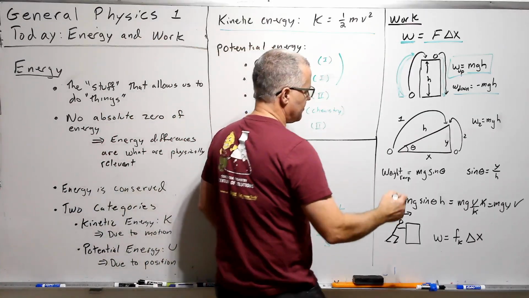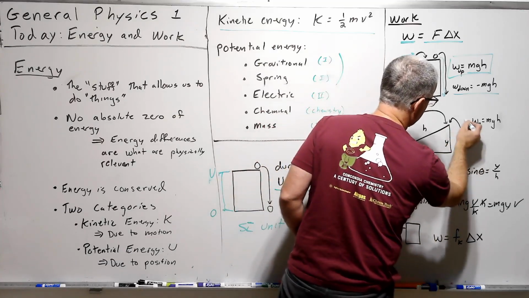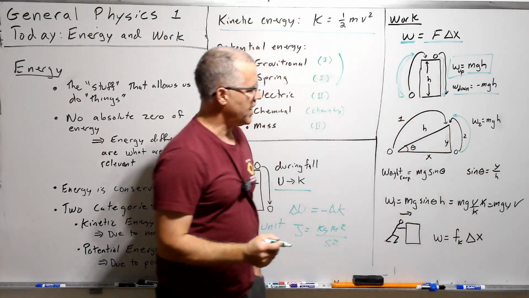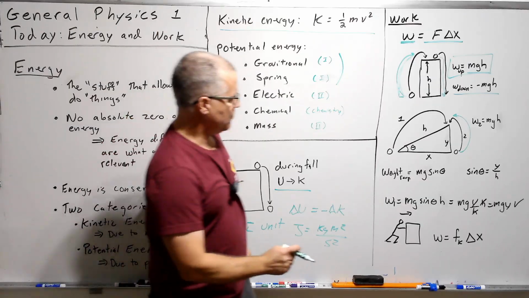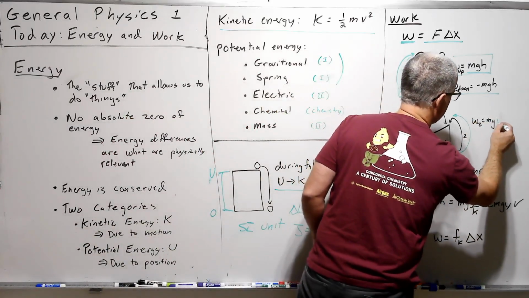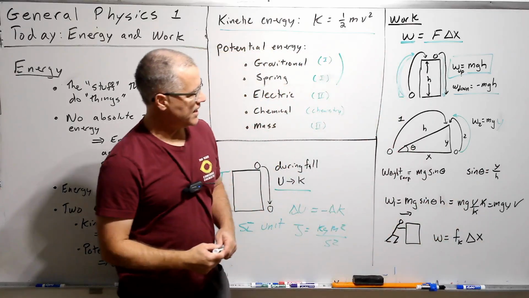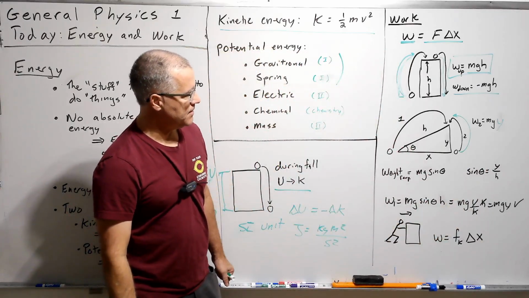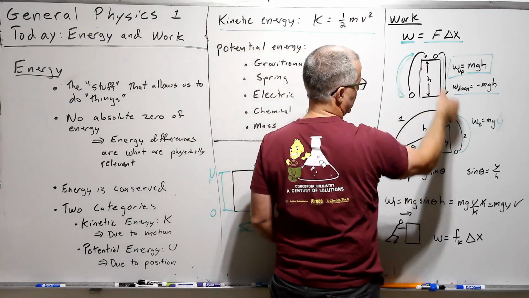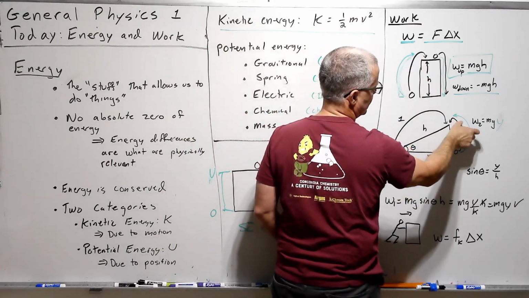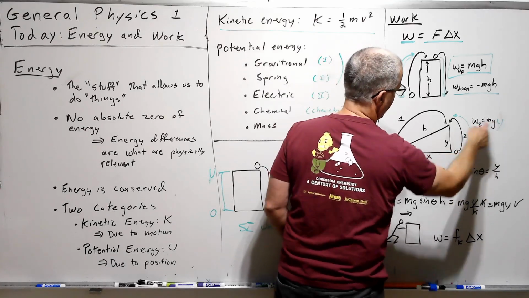Let's look at another example. Let's say we had this ramp, and on one path, we'll call that path 2, we just lift it up. This should be mgy here. On one path, we lift it up, and that's just like lifting it up here. So the height here is y, so we've got mg times y.